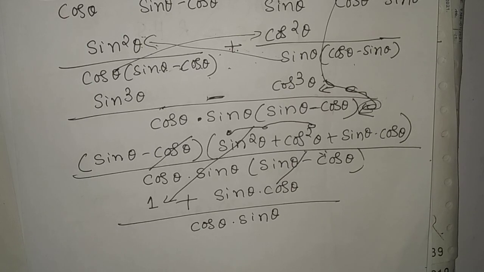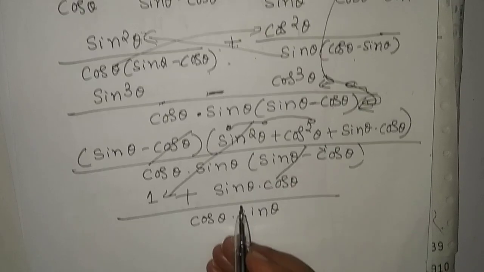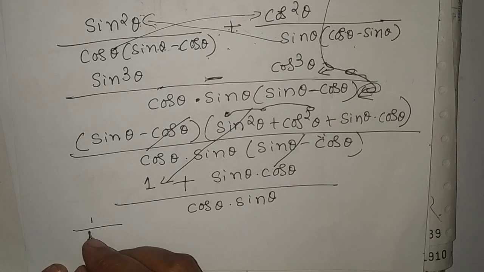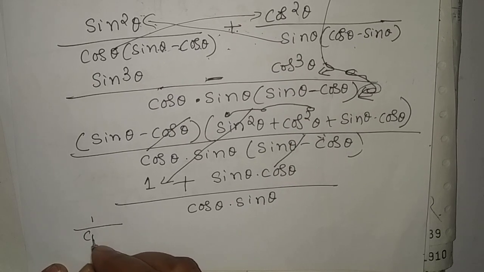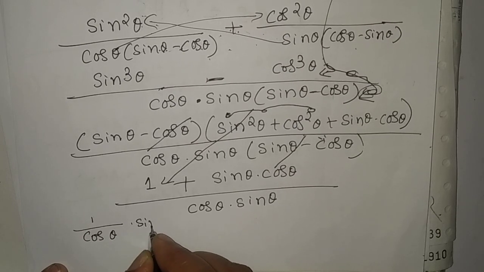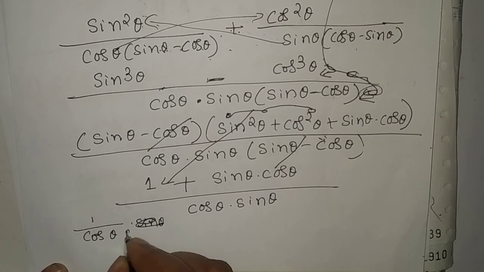So finally we have to expand this thing. So expand this, we'll get 1 by cos theta into sin theta, sin theta here.